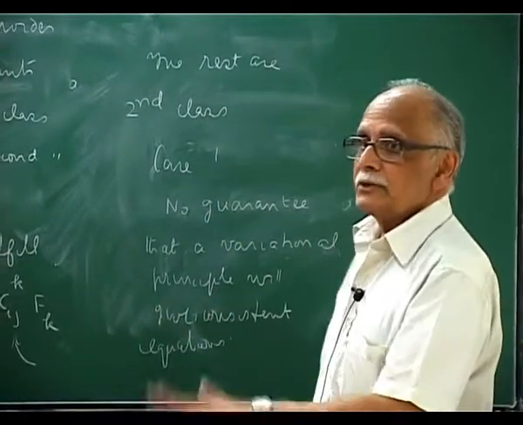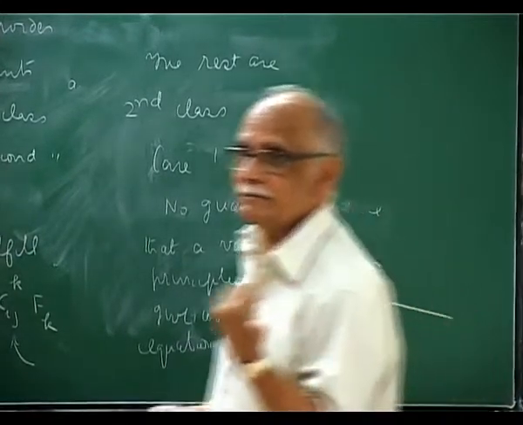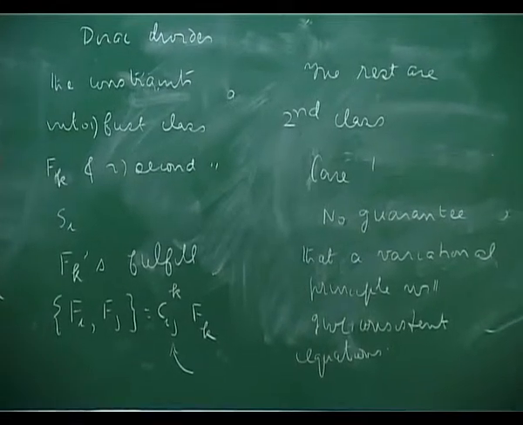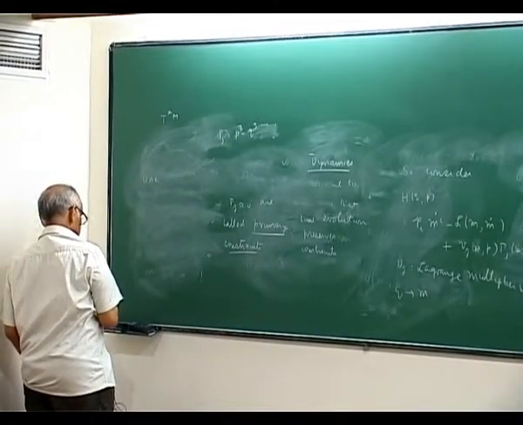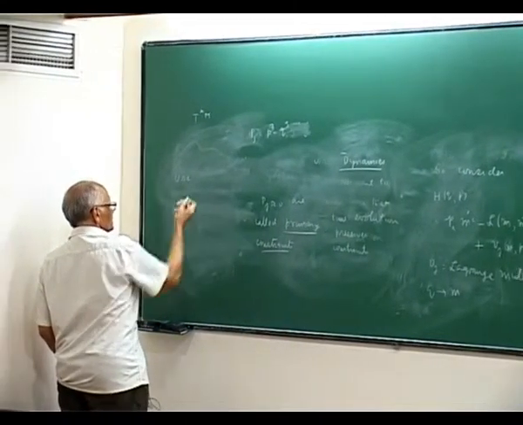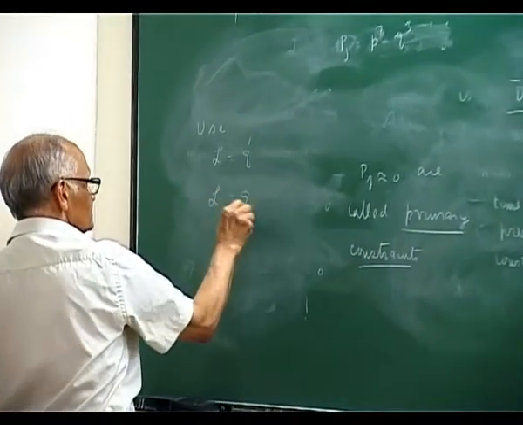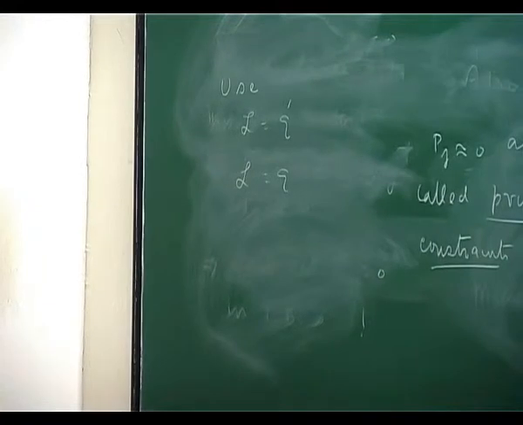We think that since it is coming from an action, everything should be okay by varying. The example you may want to check is the following. Use, for example, L equal to q dot, L equal to q. I give you two examples.